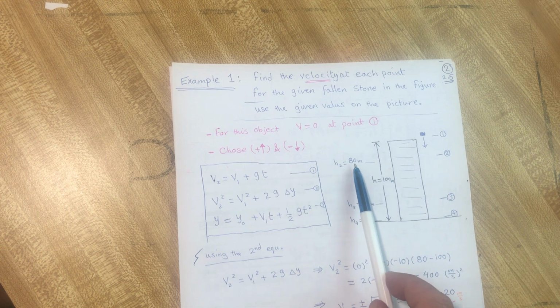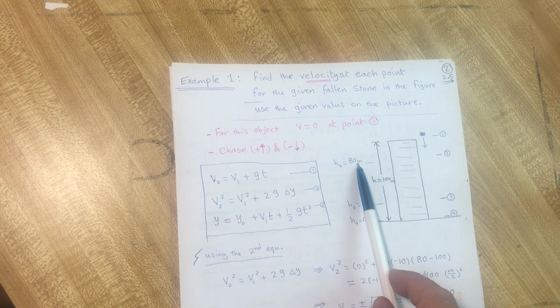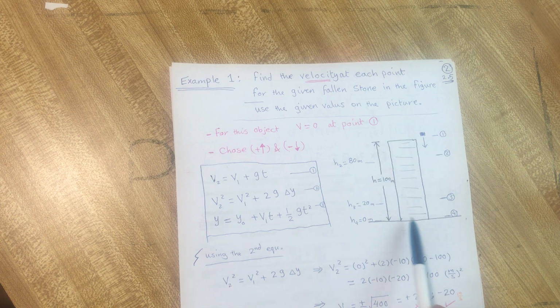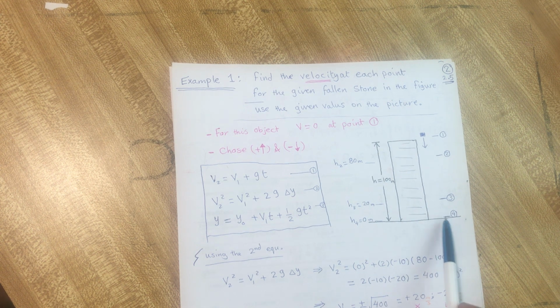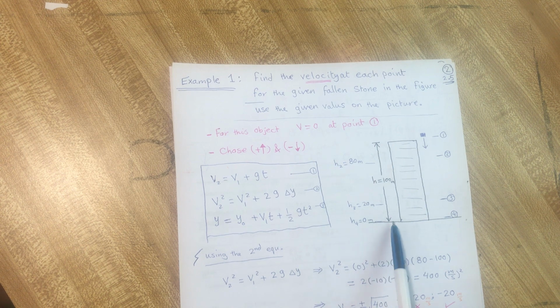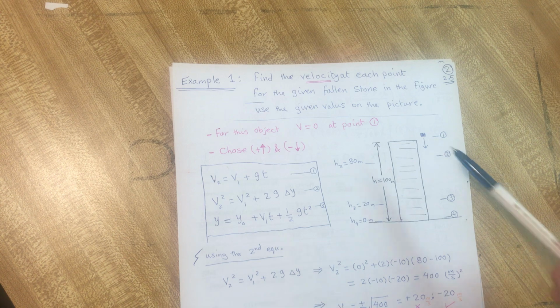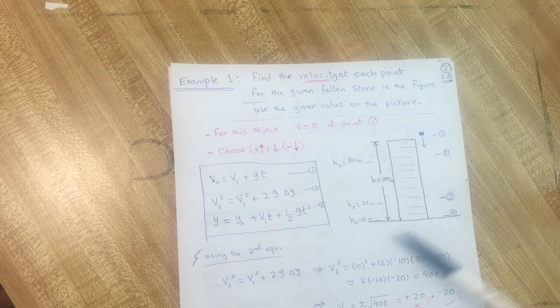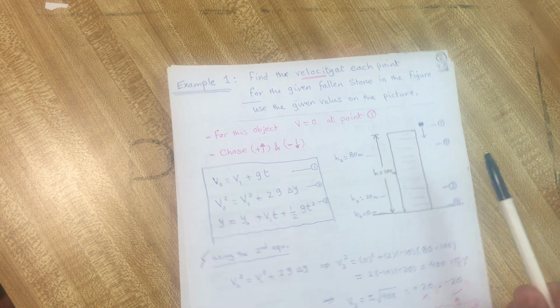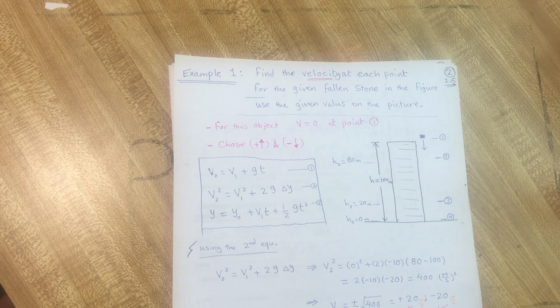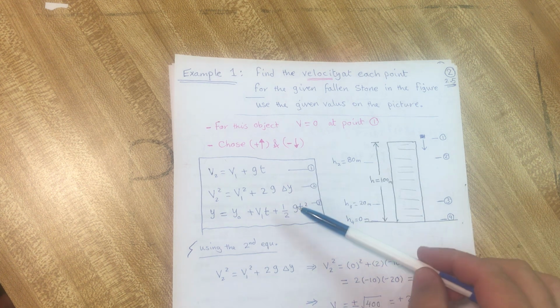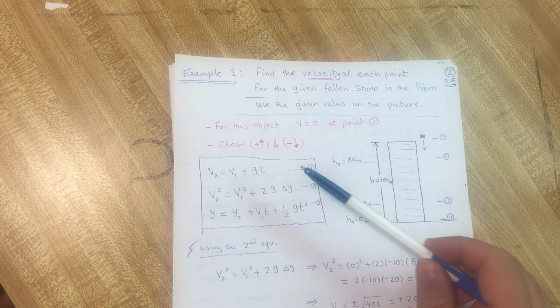The height at the second point is 80 meters. The height at the third point is 20. The final height, h4, is 0, which is the ground. We need to find the velocity at each point. Also, we can find the time at each point using the equations of motion, any one of them.